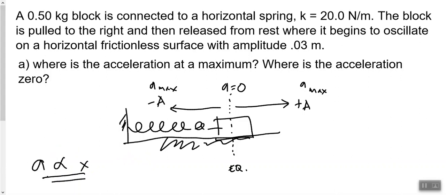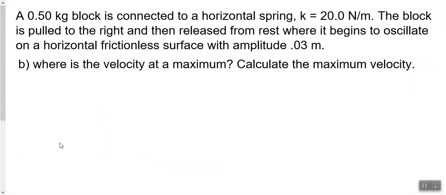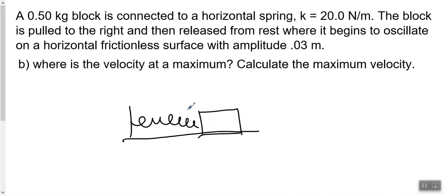Now let's answer another question. Letter B, in this case, where is the velocity maximum? Let's illustrate that again. You have the spring and the object. The velocity maximum will be at its equilibrium position.